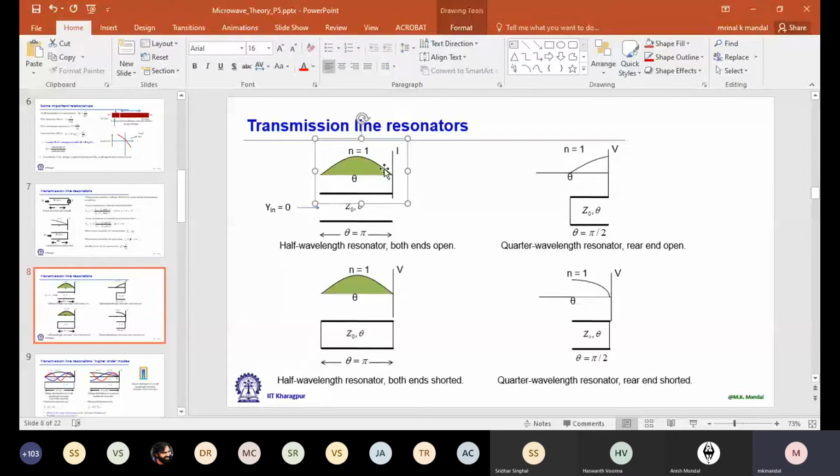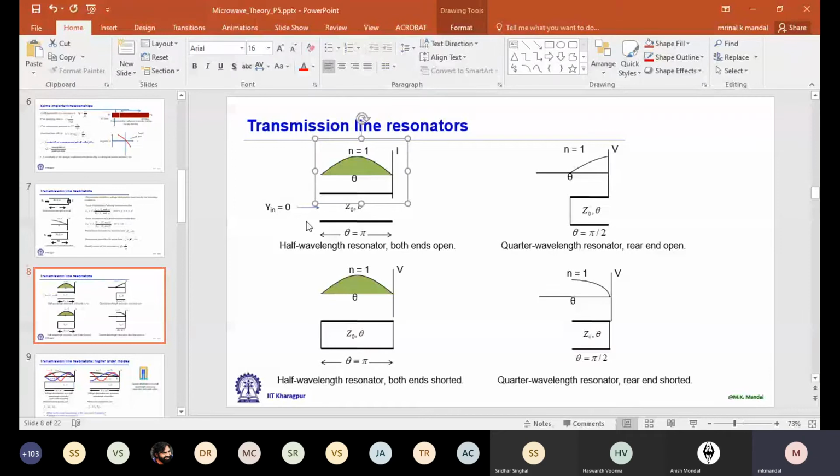It shows the current variation over this. Now at this end, left or right end, current is 0. Voltage maximum. What about Z in? Z in is infinite. That means Y in equal to 0.